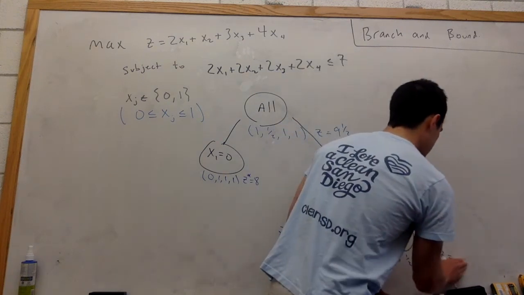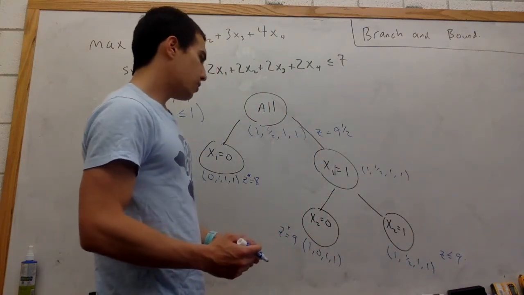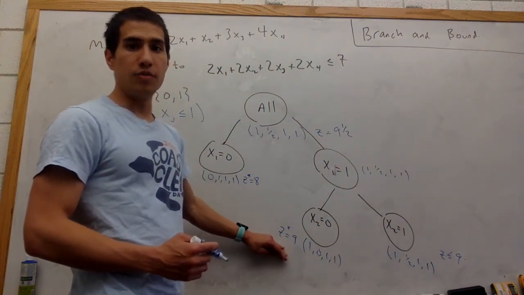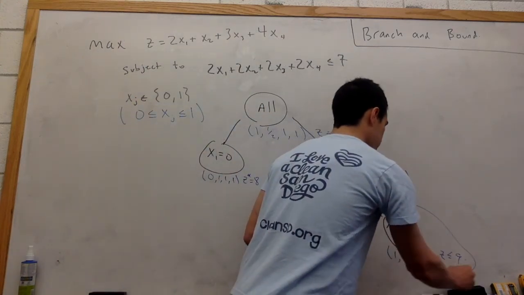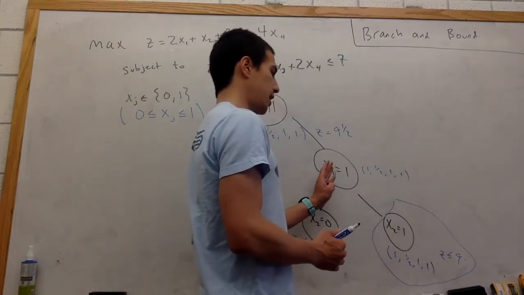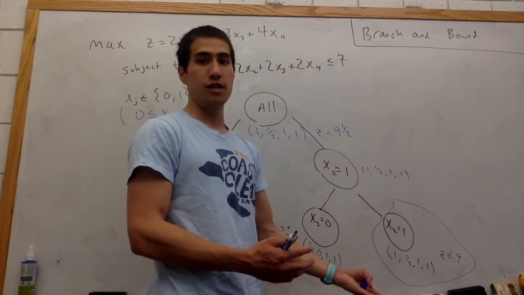So here z is going to be less than or equal to 9. And now our incumbent already has objective function value 9, so we don't have to follow this part of the tree anymore, because if I follow down this tree, the best I can possibly do is z equals 9.